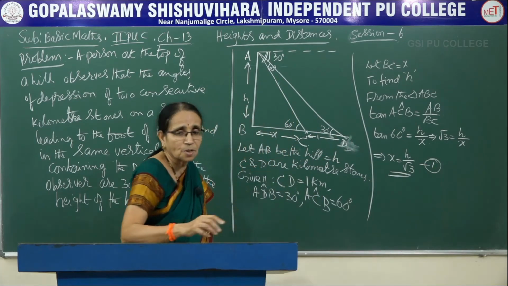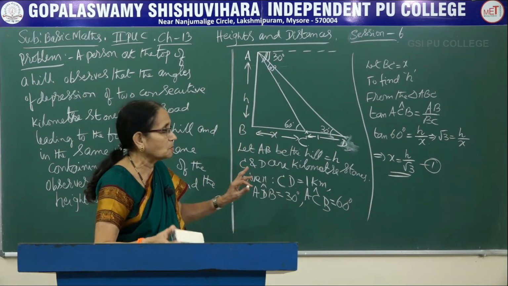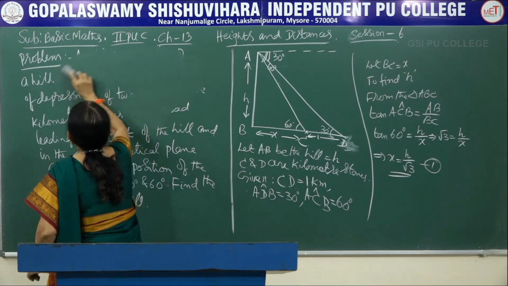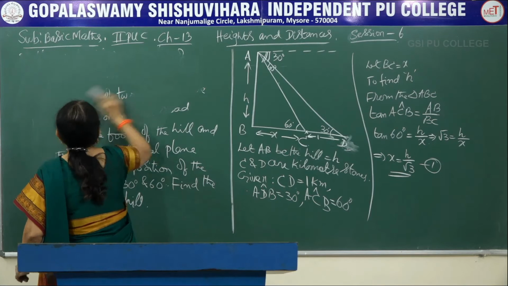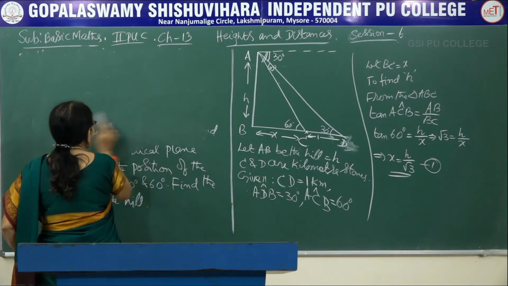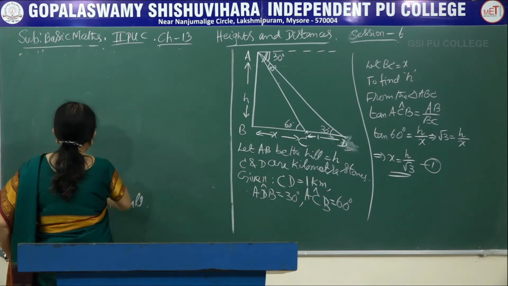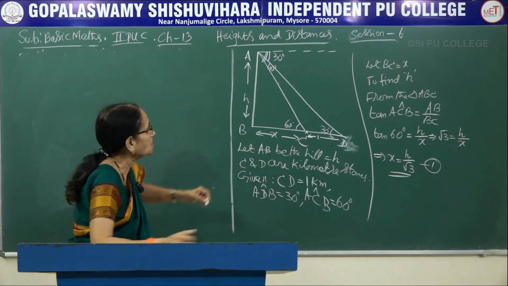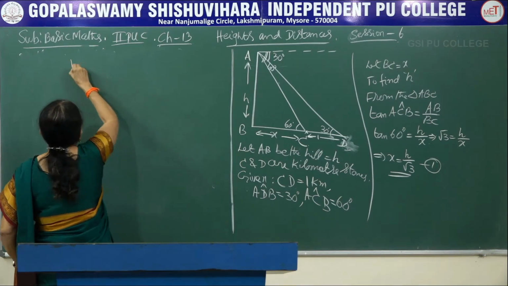Because in the next step we have to eliminate X, because we are not interested in finding the value of X. We are interested in finding the value of H. Now what is the next triangle that we have to consider? The bigger triangle, that is triangle ABD. Forget about the middle line. Consider the bigger triangle.